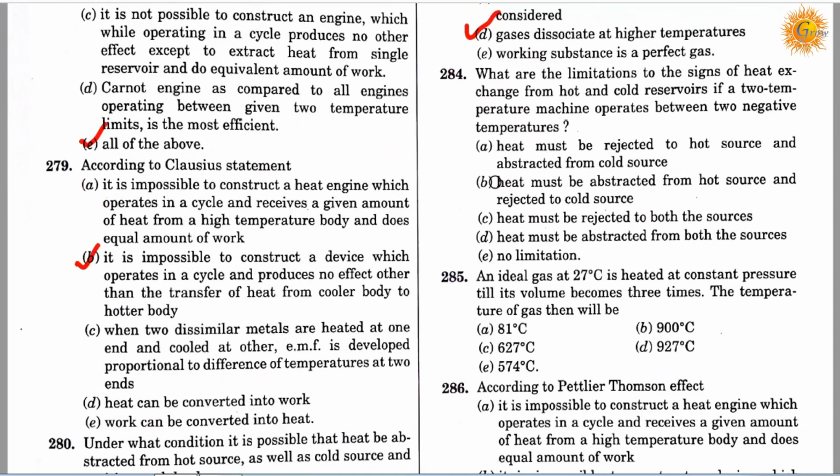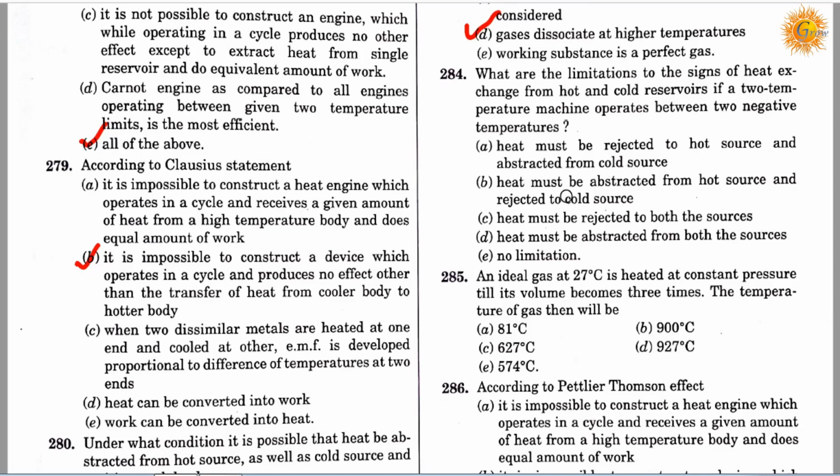Question number 284. What are the limitations to the sign of heat exchange from hot and cold reservoirs if a two temperature machine operates between two negative temperatures? Option A, heat must be rejected to hot source and abstracted from cold source.